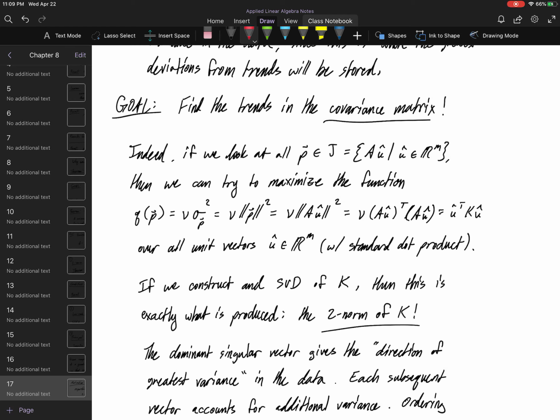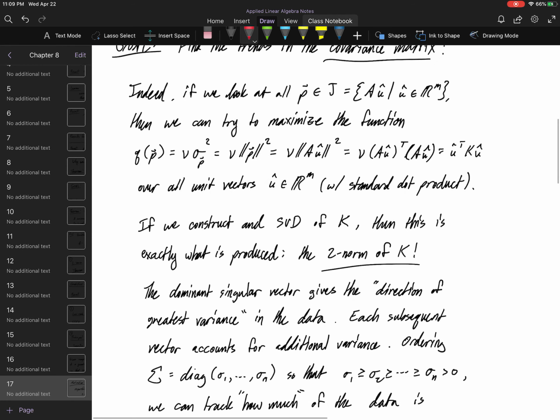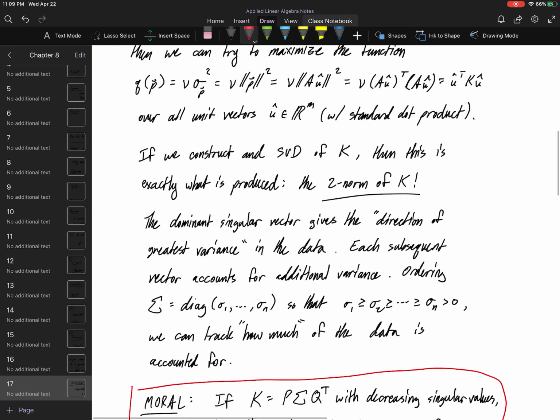In particular, if we construct the singular value decomposition of our covariance matrix K, then this maximum is exactly what is produced. We already figured out that the largest singular value is the 2 norm, so the 2 norm of K and the dominant singular value of K are exactly the same.